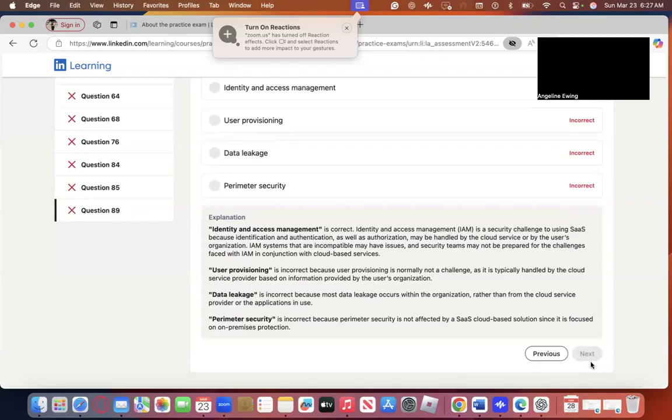Data leakage also is incorrect because most data leakage occurs within the organization rather than from the cloud service provider or the application in use. Perimeter security is also incorrect because perimeter security is not affected by a software as a service cloud-based solution since it is focused on on-premise protection.